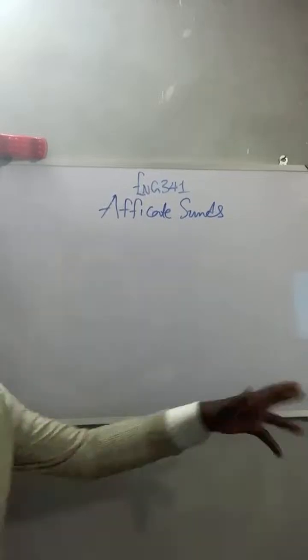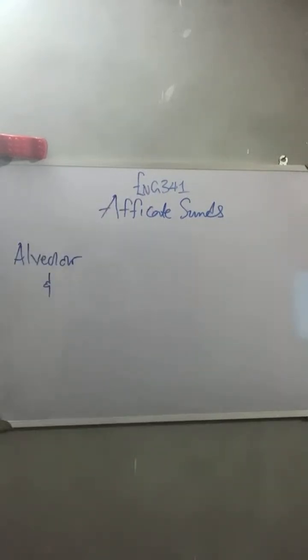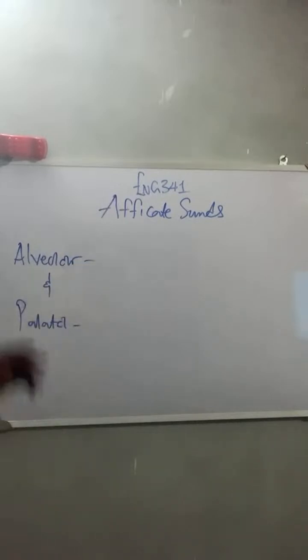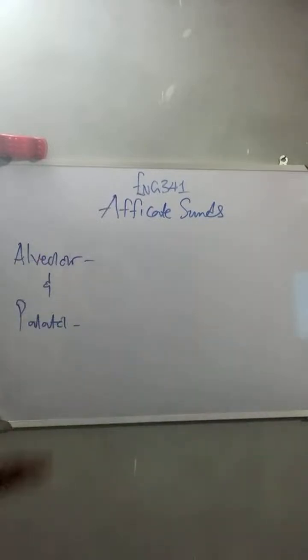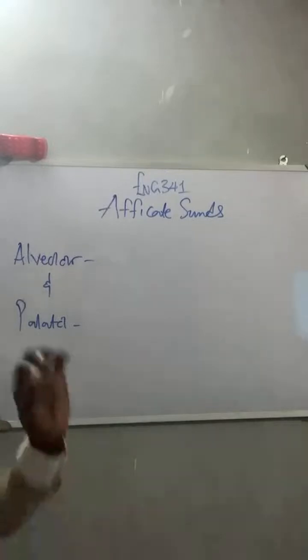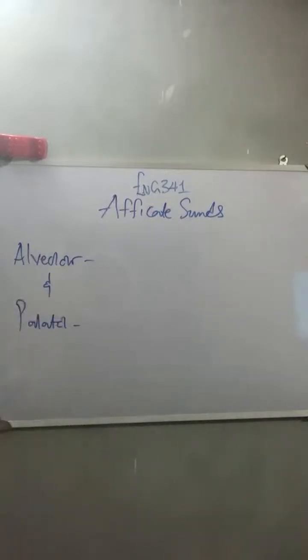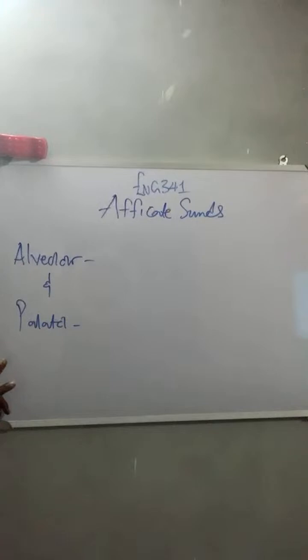These two points of the organs of speech are referred to as the alveolar and the palatal. Affricate sounds are sounds produced at the two points of the organs of speech, namely the alveolar and the palatal.